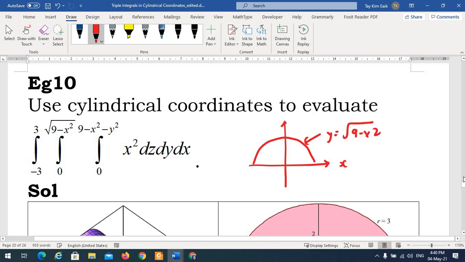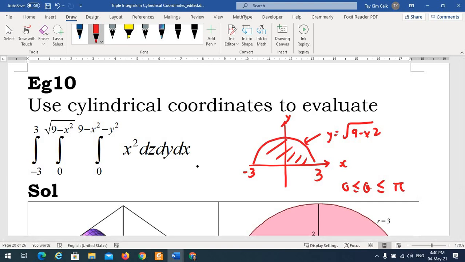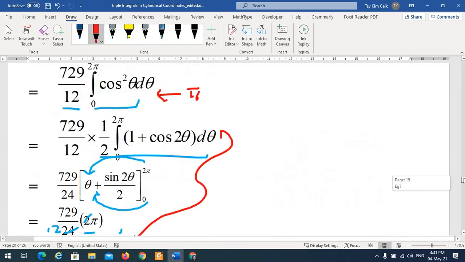And then x from negative 3 until positive 3. So it's actually the upper semicircle. That's why your theta is from 0 until pi. So in example 10, when we just change a little bit of the limit of y and x, your theta will be changed.